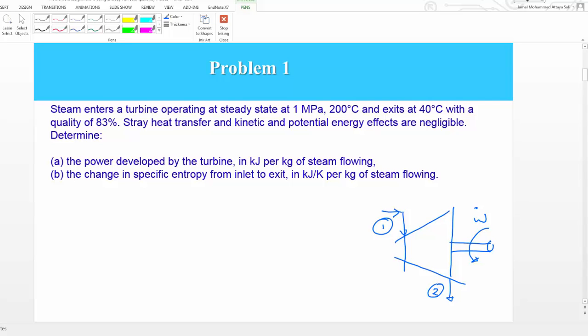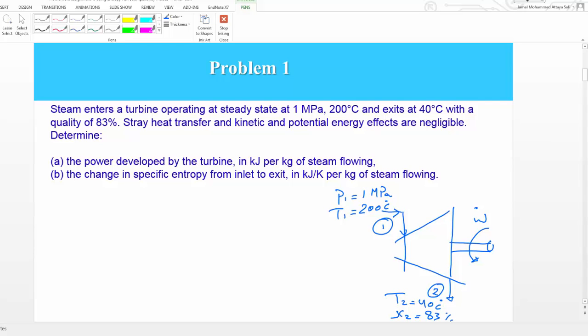So I can write here P1 is 1 megapascal, so that is given, and T1 is 200 centigrade. And we know now, I hope, that when you have two independent variables or properties, the state is fully defined, and it exits at 40, so T2 is 40 degrees, with the quality, which is X2 now, is 83.